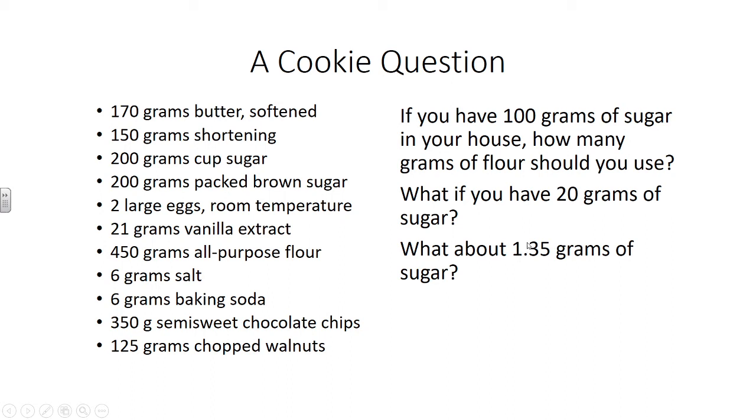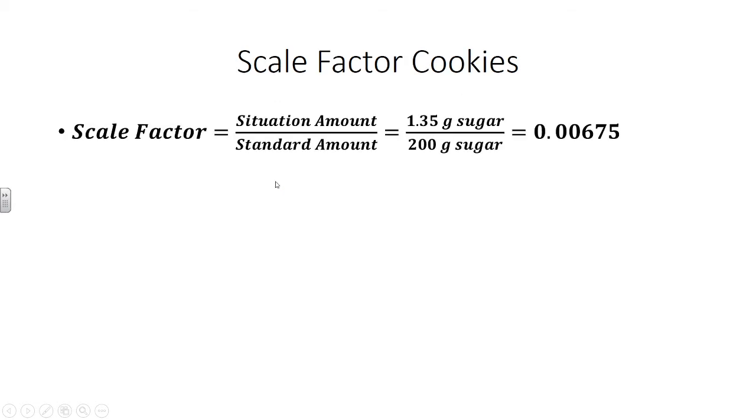What about 1.35 grams of sugar? Okay, this one I'm not going to be able to just think my way through. So let's go ahead and take a look at the scale factor method. Situation amount over standard. Remember, you prefer to sit over stand. The situation, 1.35 grams of sugar. The standard, 200 grams of sugar. Grams of sugar will cancel, top and bottom.